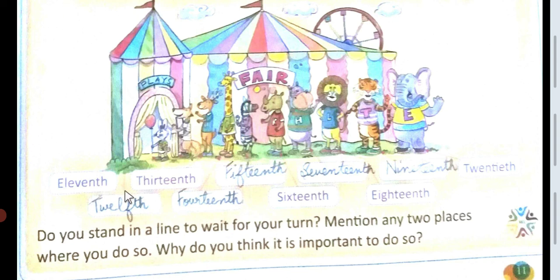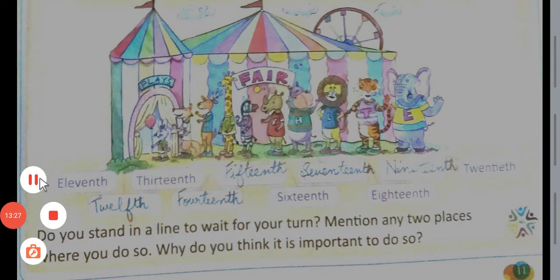Understood, students? After writing 11 you have to add TH, 12 you add TH, 13 you write and add TH, 14 you write and add TH, 15 you write and add TH. So I think you have understood.